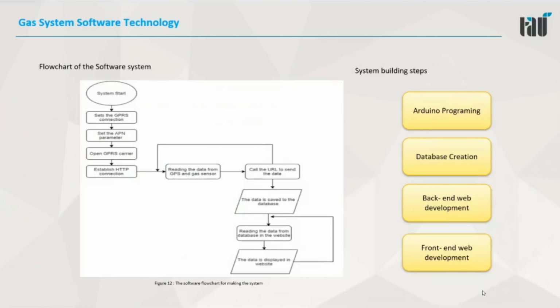The software process is as follows. First, establish a connection between the internet and the GSM module, then take the data from the sensors, on top of that send the data to the database, and last display it. The knowledge needed to run this project is Arduino programming, database management, and back-end and front-end web development.